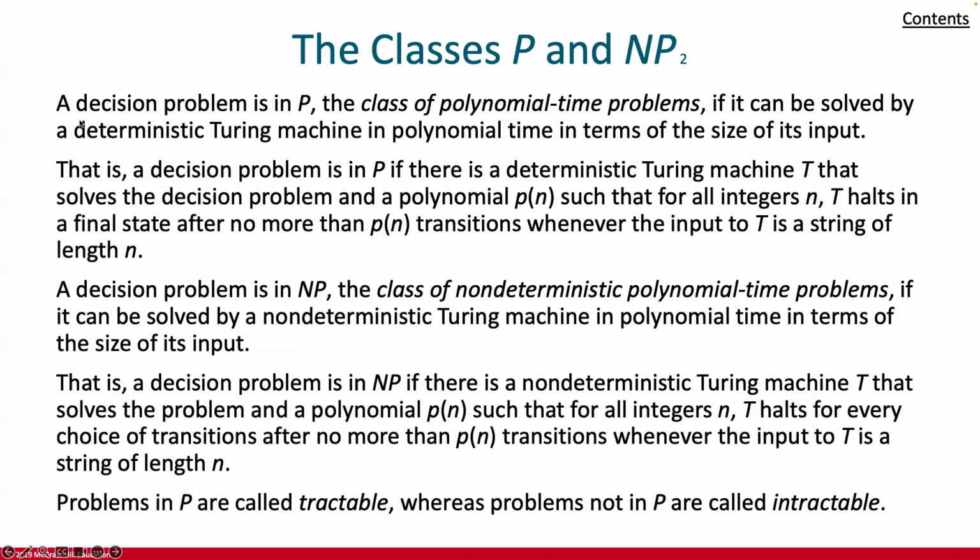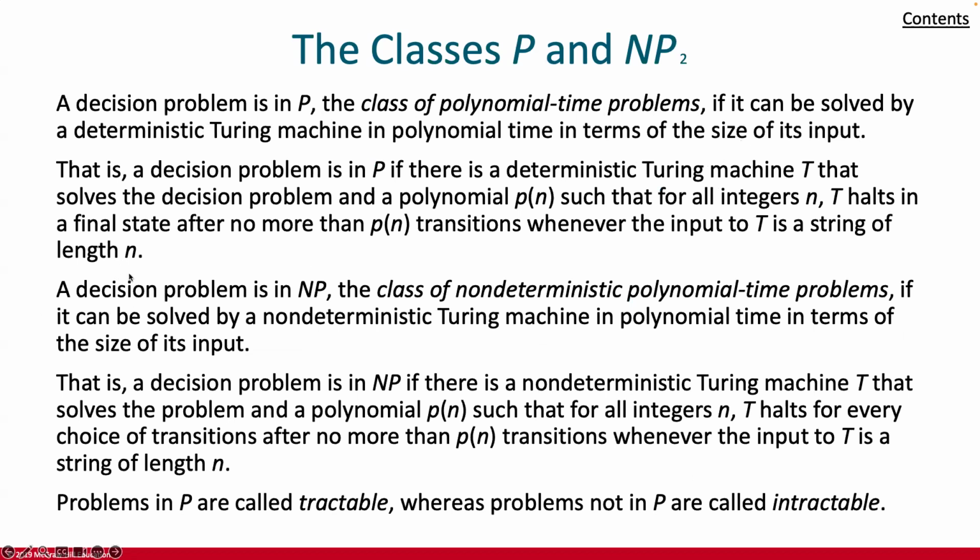So we just have some more things about the classes P and NP. I'll just go over some of this. A decision problem is in P, the class of polynomial time problems, if it can be solved by deterministic Turing machines in polynomial time in terms of the size of its input.